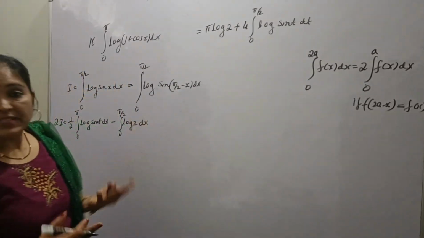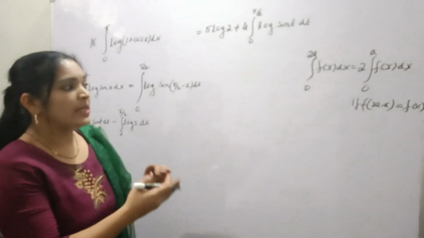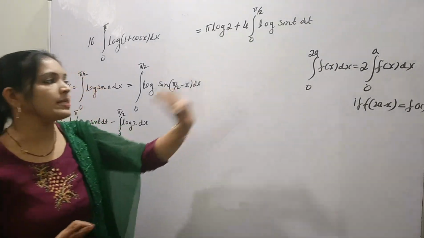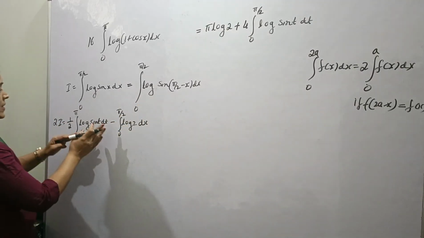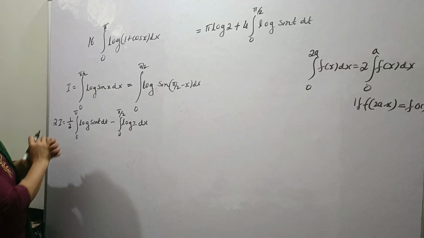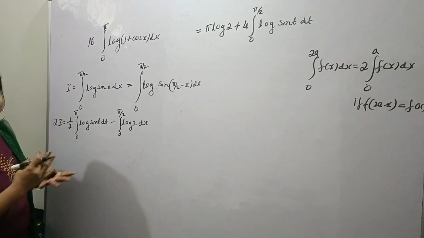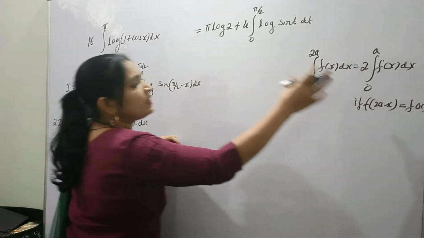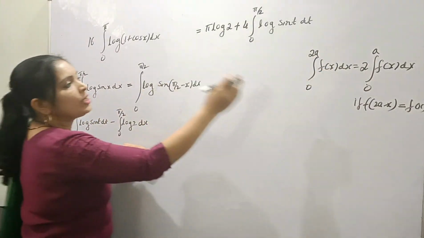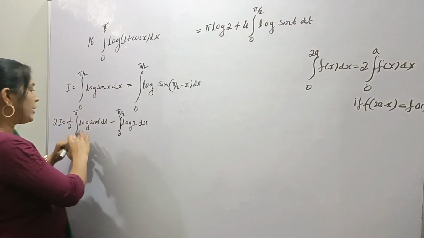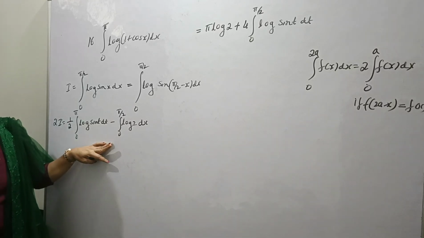Otherwise, if f of 2a minus x is equal to minus f of x, this integral is equal to 0. Why will we apply this property? Here we should get pi by 2, right? So half of pi, that is pi by 2. So if this is satisfied, then we can write this integral as 2 into integral 0 to pi by 2 log sin t dt, right?